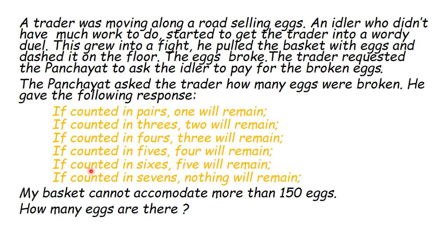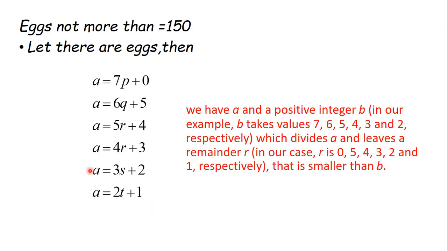You will count in pairs and see whether one will remain or not. So we have eggs not more than 150. Suppose there are A eggs. We consider that there are A eggs.